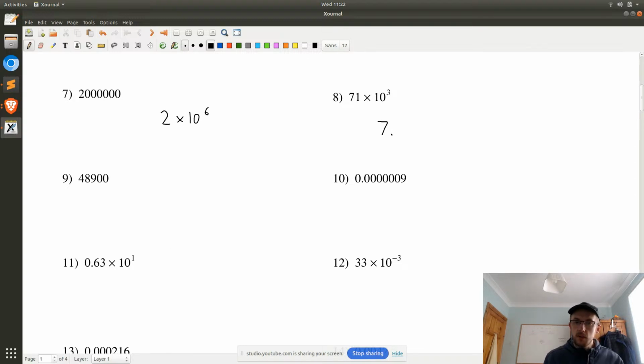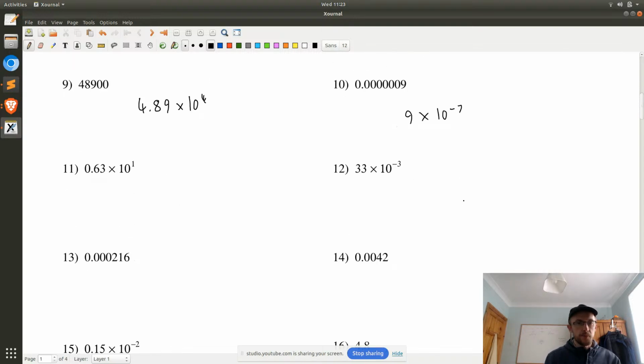Here, this is in a sort of pseudo-scientific notation. So we're going to make this 10 times smaller and this 10 times bigger. To make 10 to the 3 10 times bigger, it becomes 10 to the 4, just like that. Nine times 10 to the negative 7. All right. Make this 10 times bigger.